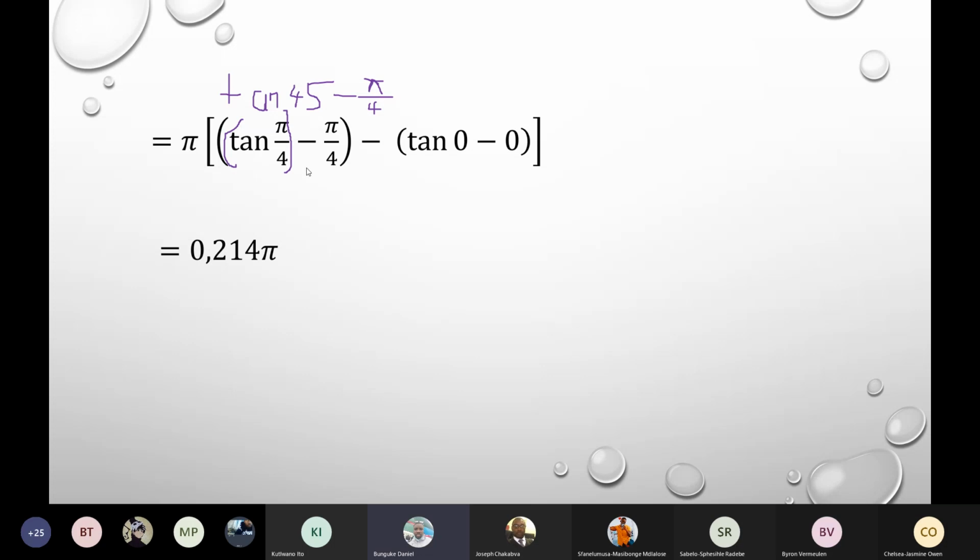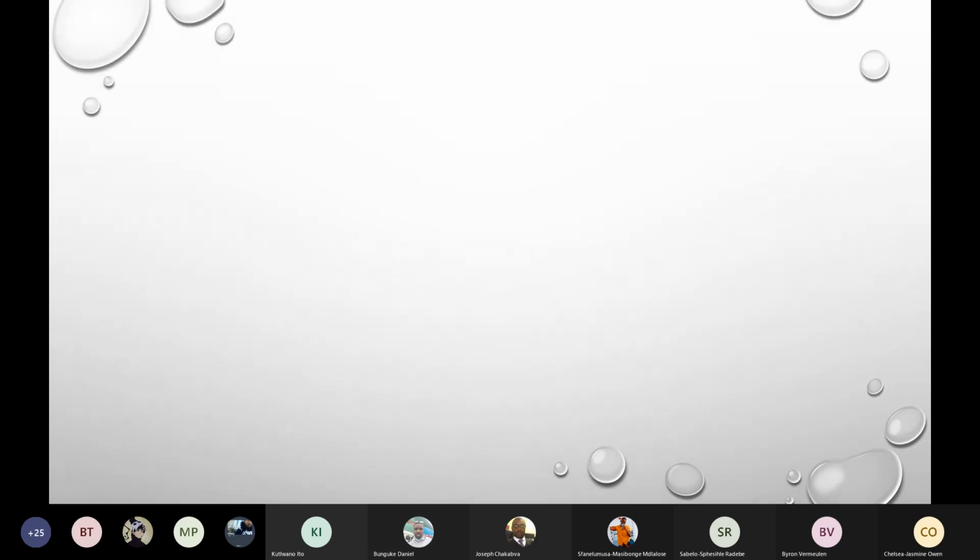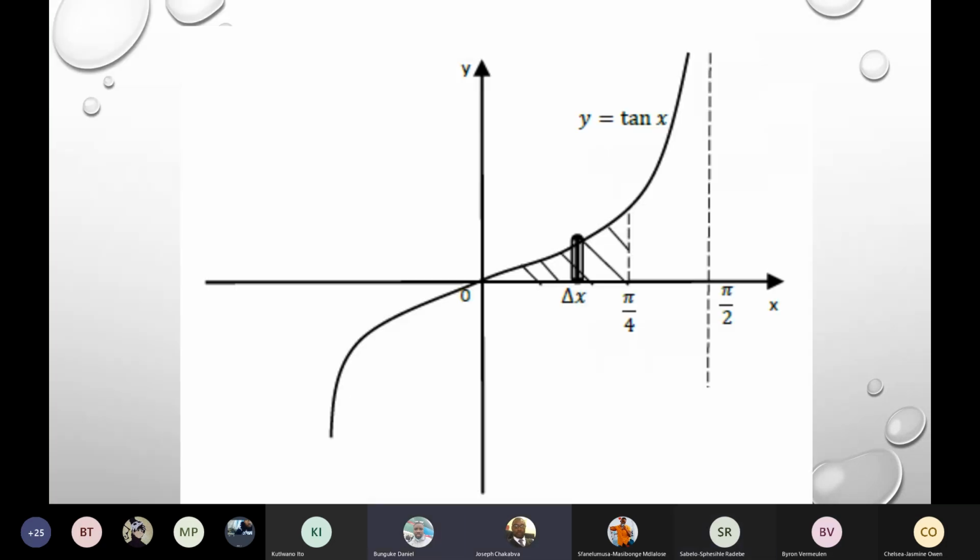Maybe I'm having some confusion, so I don't remember if it is tan square or... The original graph that we will have to integrate. This one, yeah.